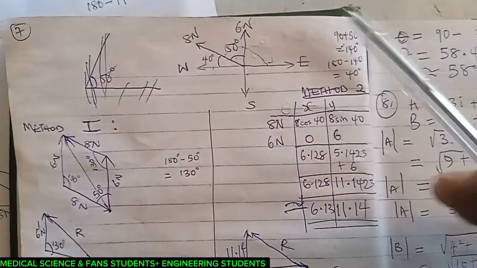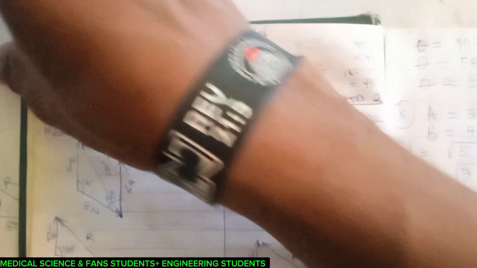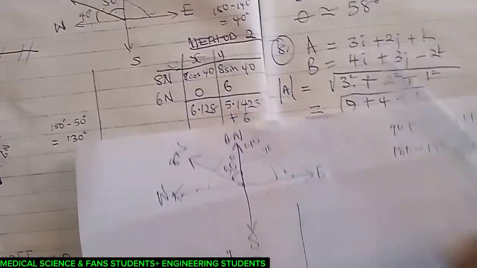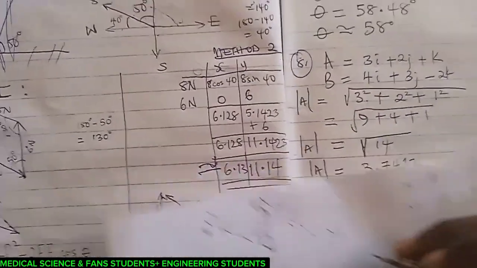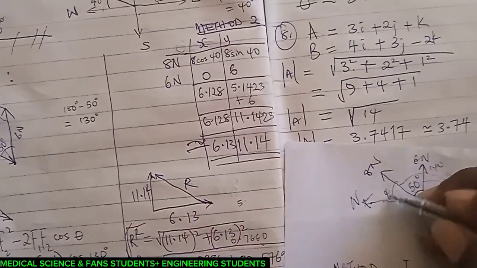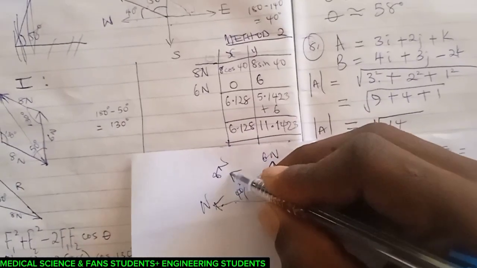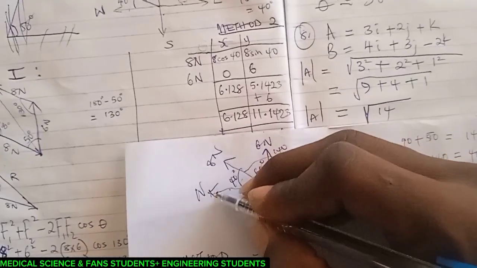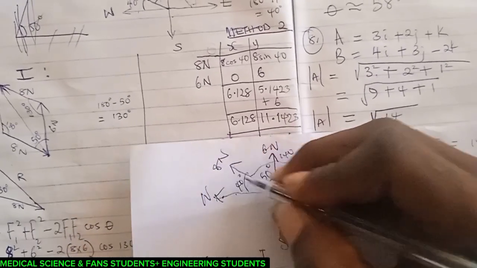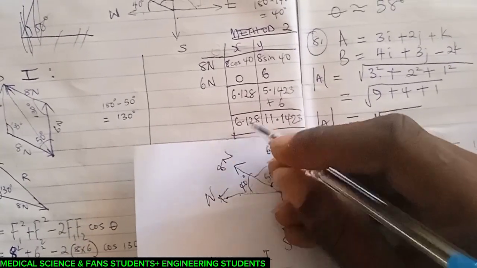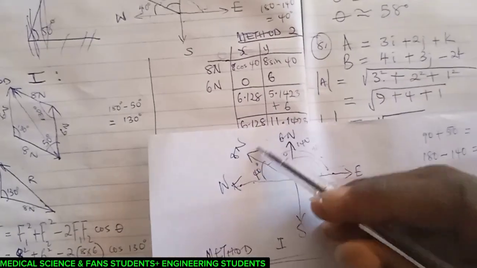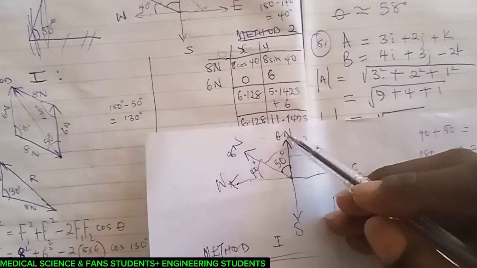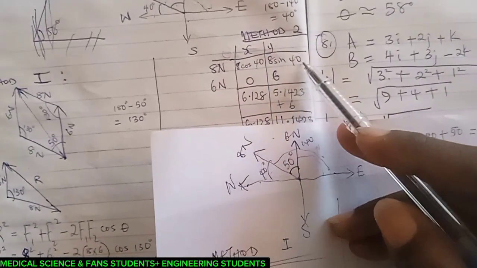Somebody will first ask me, how did I do it? I will say, since here is 40 degrees, if I push this towards the angle, going towards the x-axis, it becomes 8 cos 40, which is what is here, and away from the angle it becomes 8 sin 40.